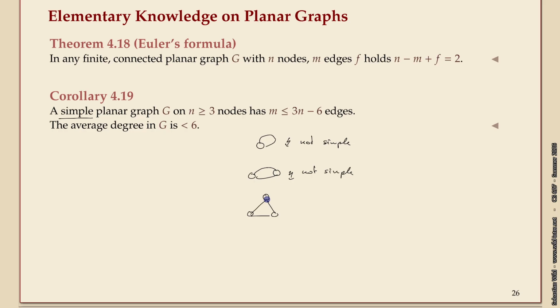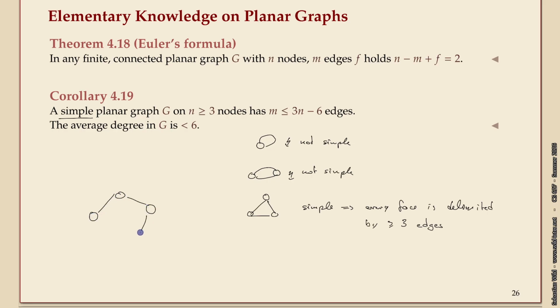So in a simple graph, every face is delimited by at least three edges. And so whatever my graph looks like, I can just count how things go.